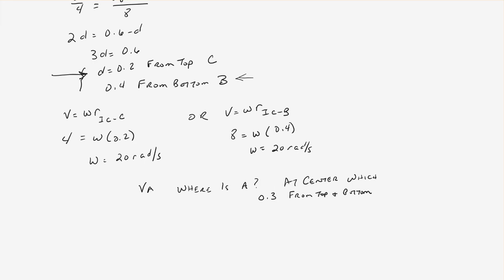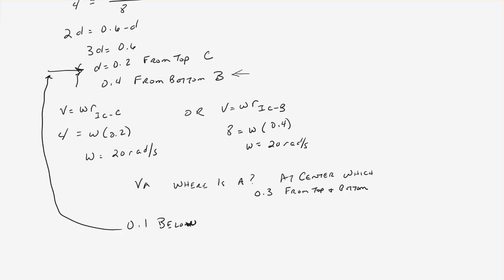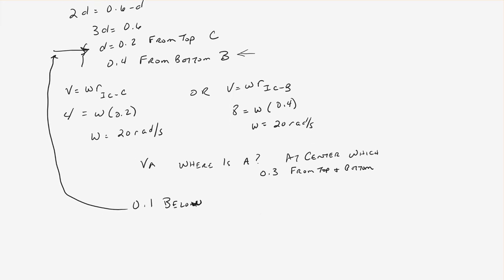If it's 0.3 from the top to the bottom, it is 0.1 below here, right? Everybody okay so far? So you could say V sub A is 0.1 times 20 radians per second. So it's 2 pi per second.